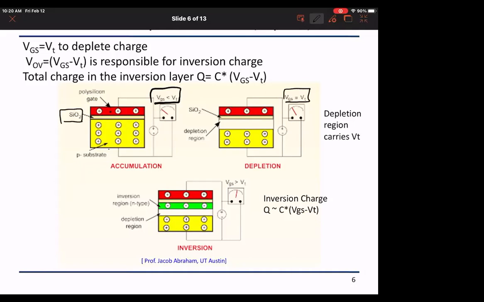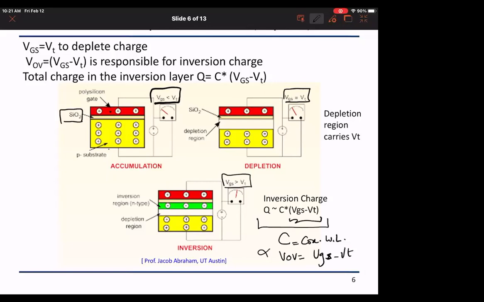And if I start to have an overdrive by applying a gate voltage VGS greater than VT, then negative charge, which we call inversion, will build in the channel region. And the amount of inversion charge is proportional to the capacitance, which is Cox times W times L, and it is also proportional to the overdrive voltage, which is VGS minus VT. So we started to see how much charge I have.